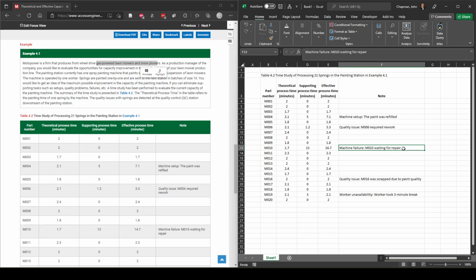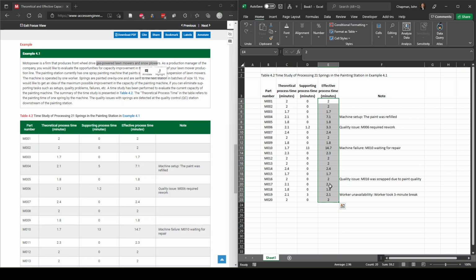So there's repair done to this part number. Row 19 there was a quality issue. This part was actually scrapped due to paint quality. And then the last support here in row 22 is a worker took a 3-minute break. The effective process time are these numbers here for each one of these.